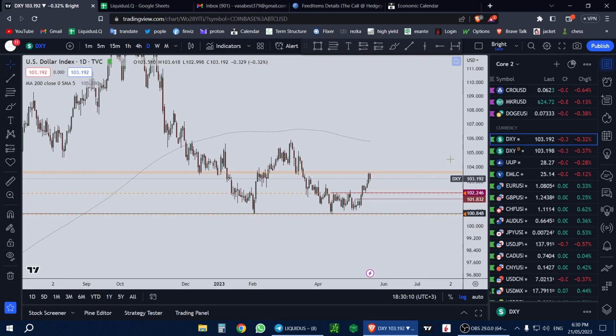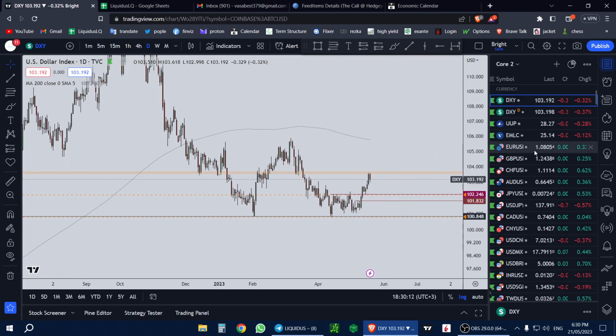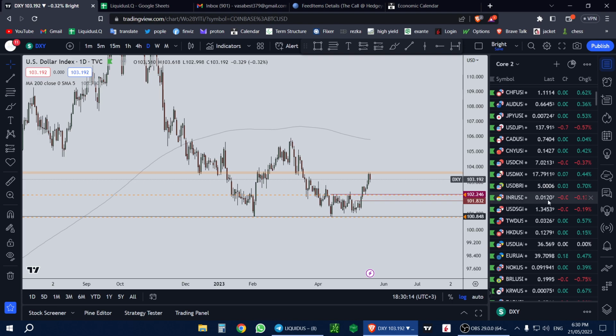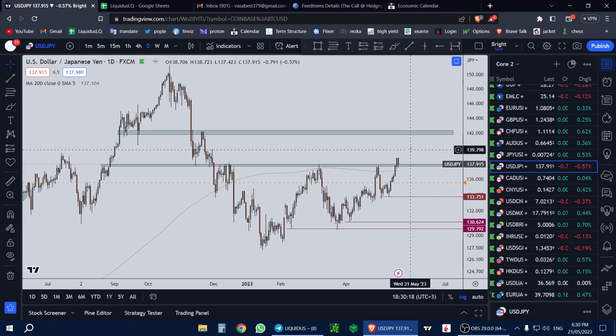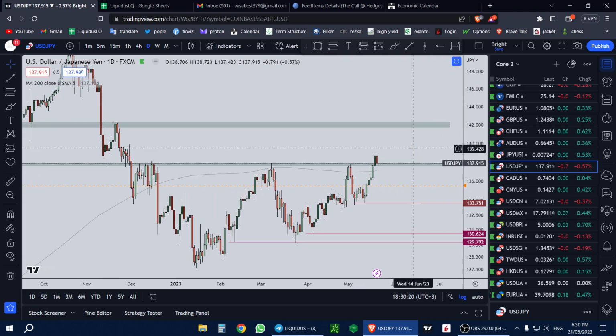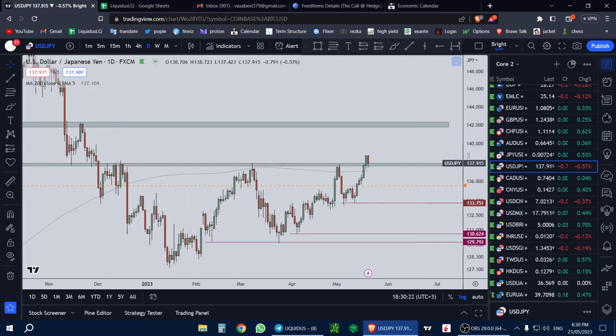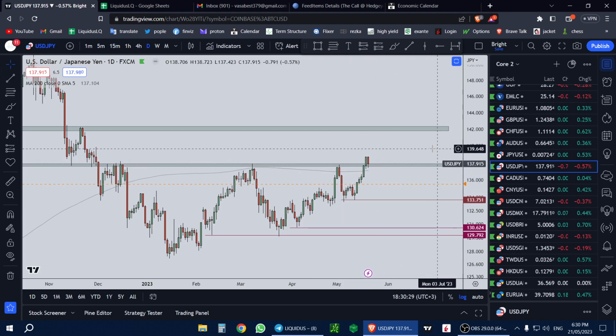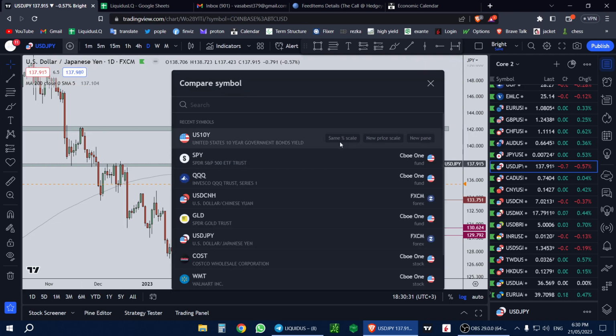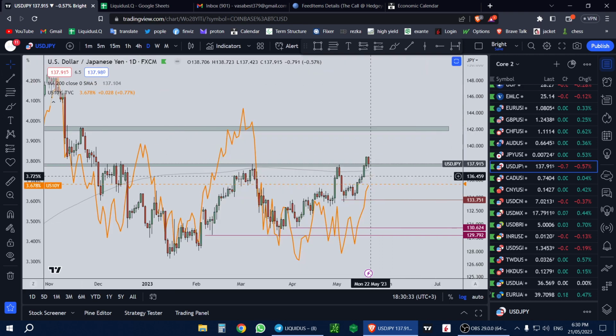With the dollar, once again, same thing with the euro, same thing across the whole currencies. USD JPY: they continue to do yield curve control. They maintain the yield curve control policy, and it has a very negative effect on the yen. It's essentially the mirror image of the rates in the US.